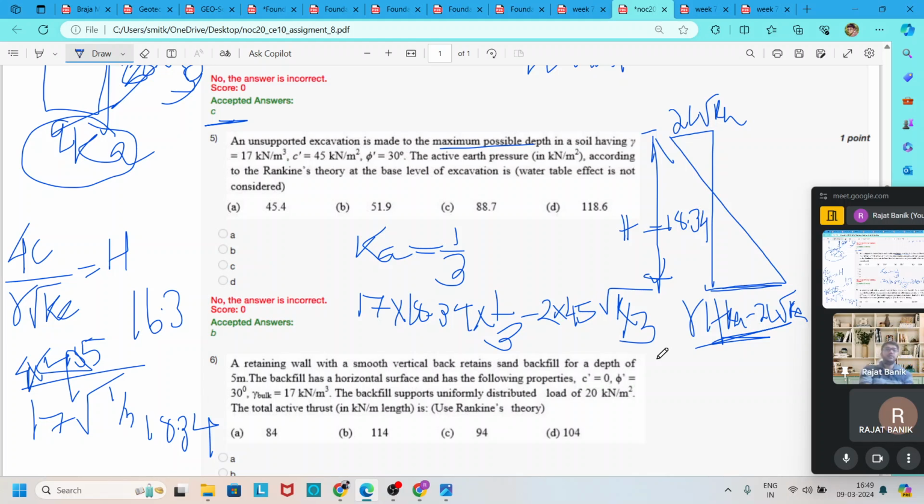The answer is 51.96. Is this close to 51.9?